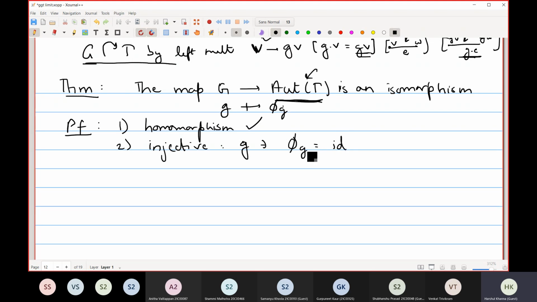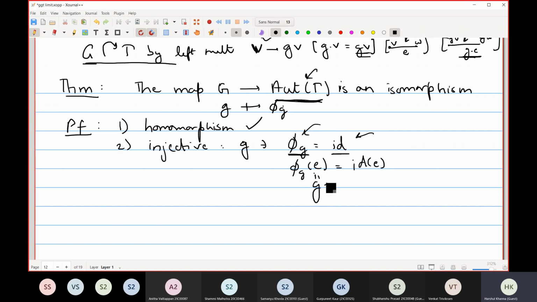So phi of G is a function, right? It should be identity. So phi G of E should be equal to identity of E, because both of these are functions. What is phi G of E? Because G is basically acting by left multiplication.